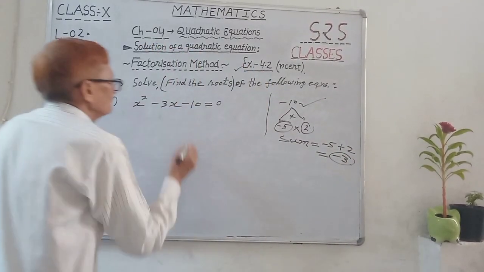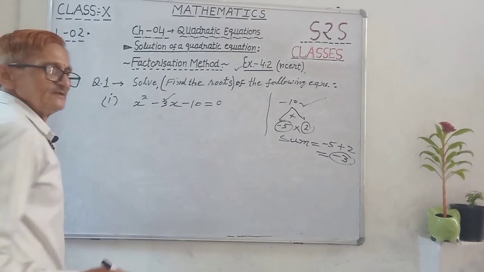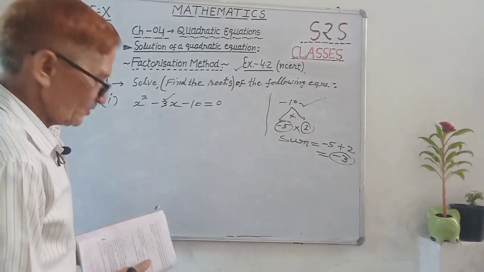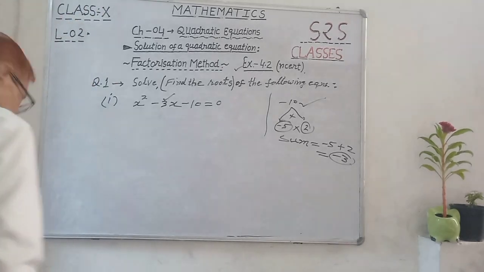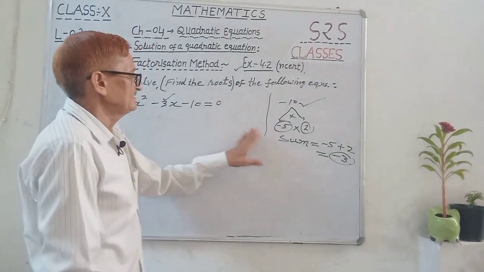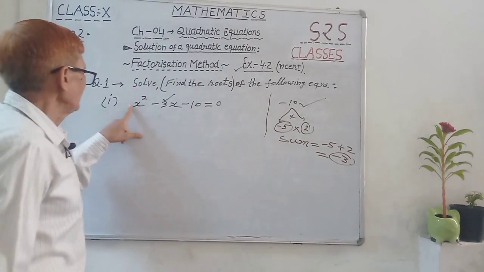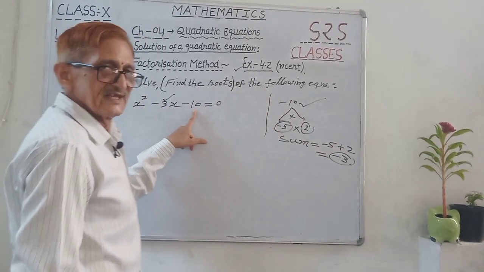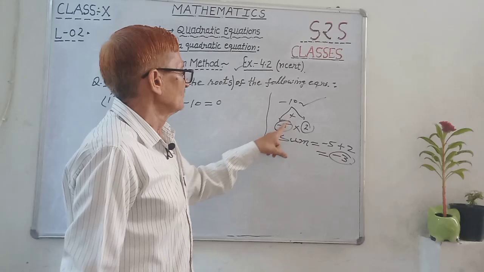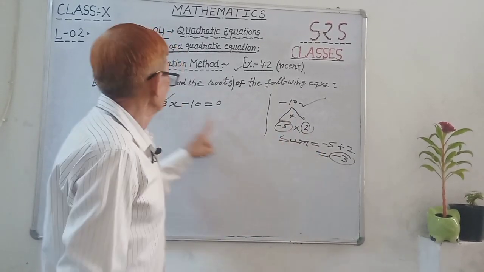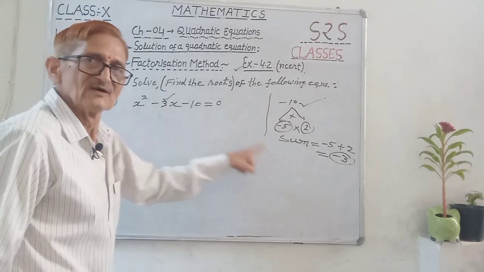So the sum must be equal to b. b means the splitting, the coefficient of x, that is called b. Always make such factors of a and c. a is here 1, so ac is here minus 10. Factors such that product is minus 10 and sum is b. b is minus 3. Okay.